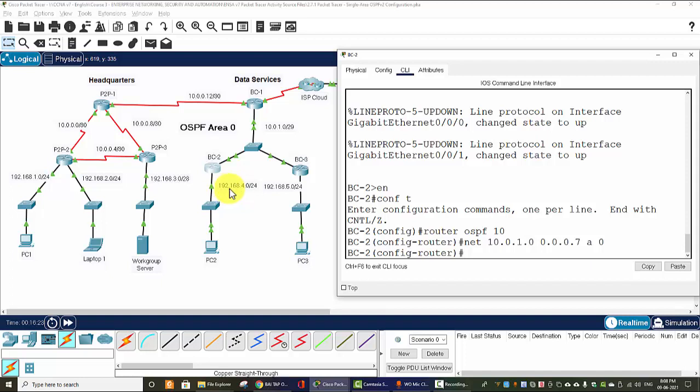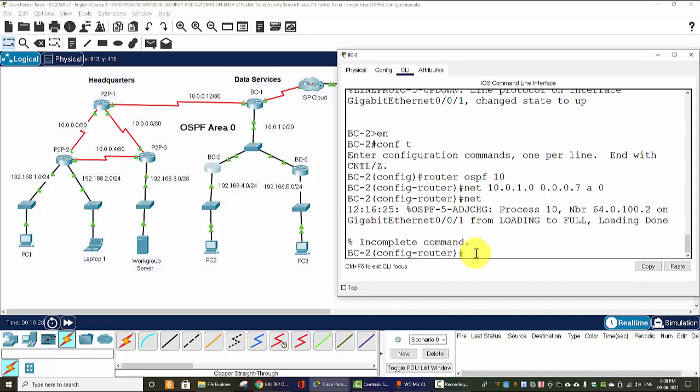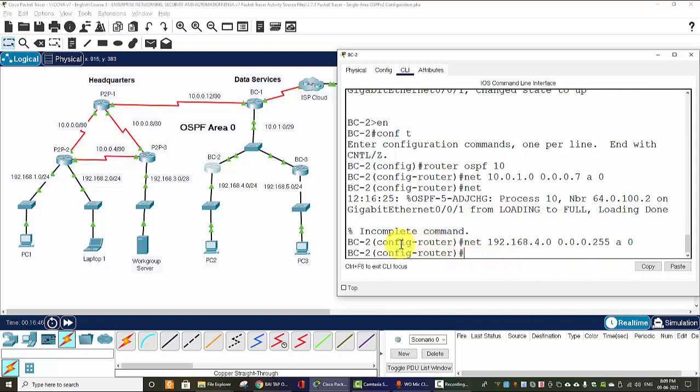The second one is the network 192.168.4.0 and /24 means 0.0.0.255, area 0. So that is the OSPF configuration on BC2. On BC3 we do the same configuration for the two networks.